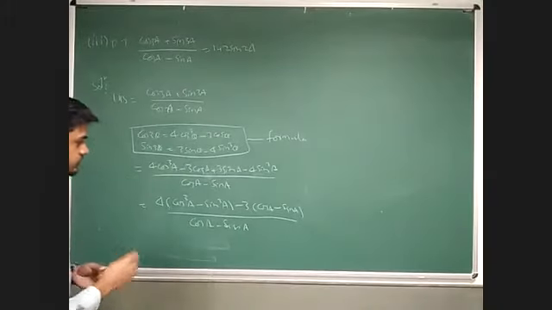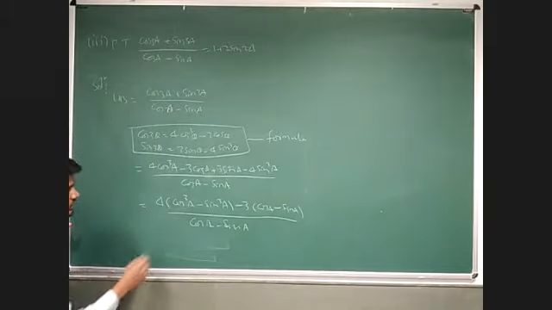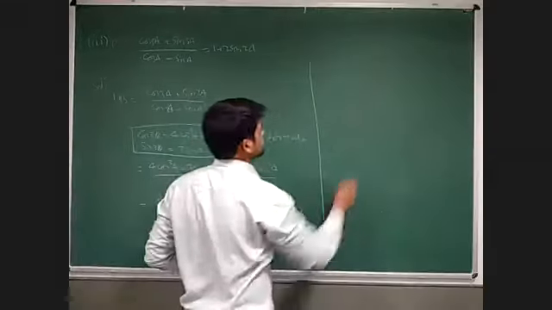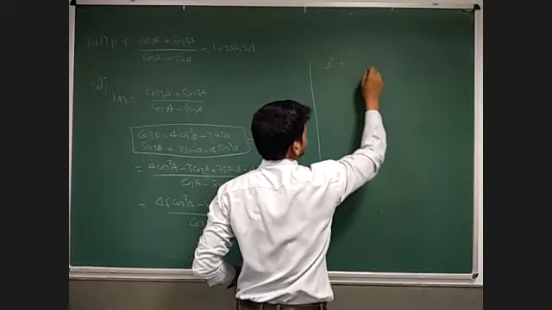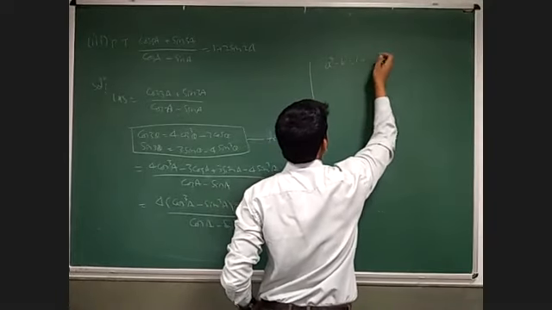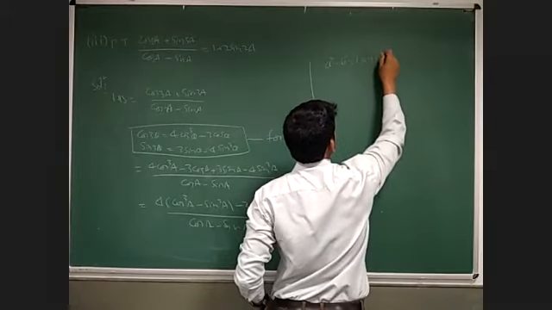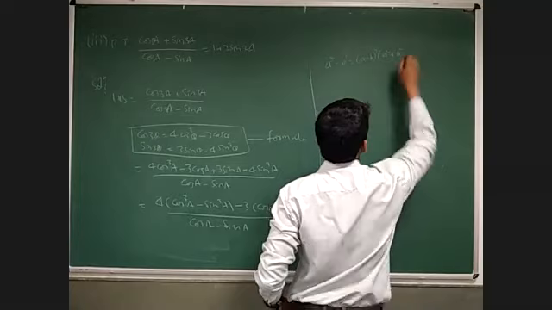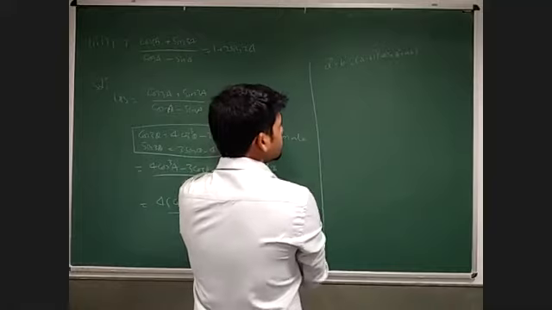Okay, now I know one formula: if a cube minus b cube is there, then I can write (a minus b)(a square plus b square plus ab). Okay, this is the formula.